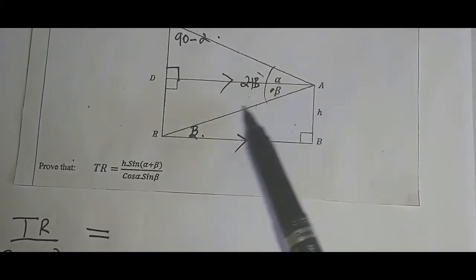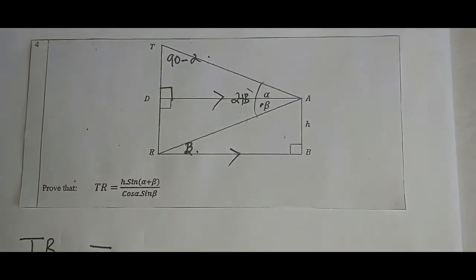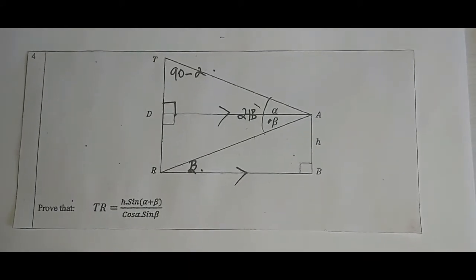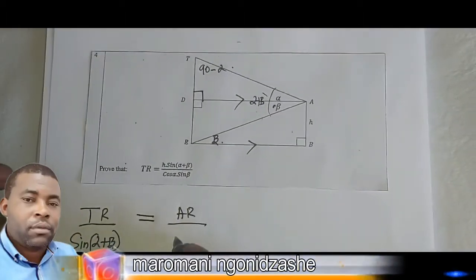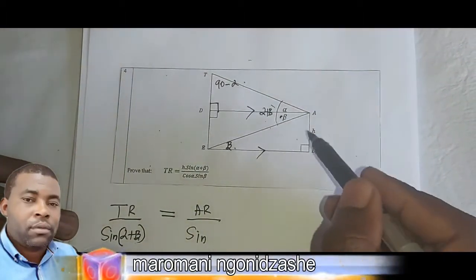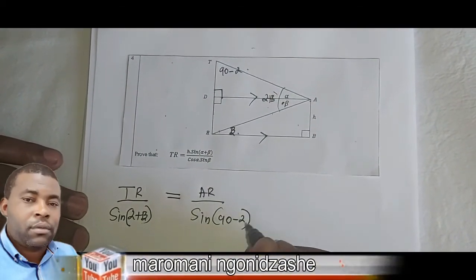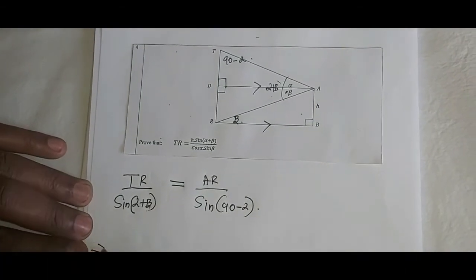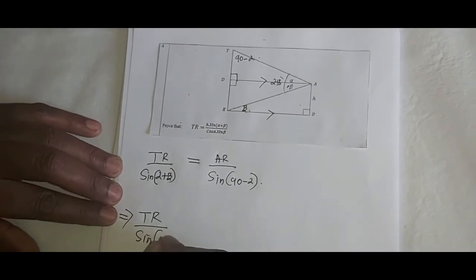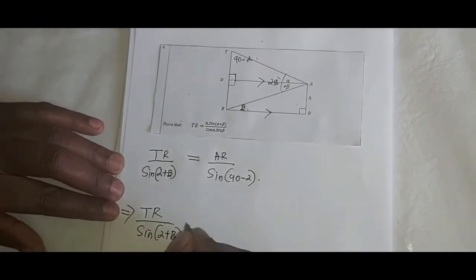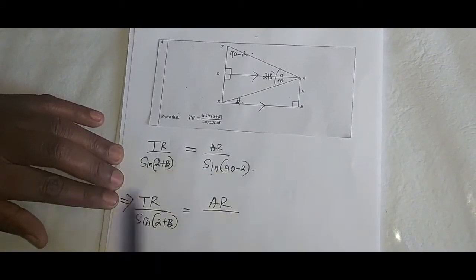It's because side AR we can somehow find using the other part of the triangle there. Therefore, AR over sine of the angle opposite AR, which is 90 minus alpha, which now implies that TR over sine of alpha plus beta is equal to AR over sine 90 minus alpha.